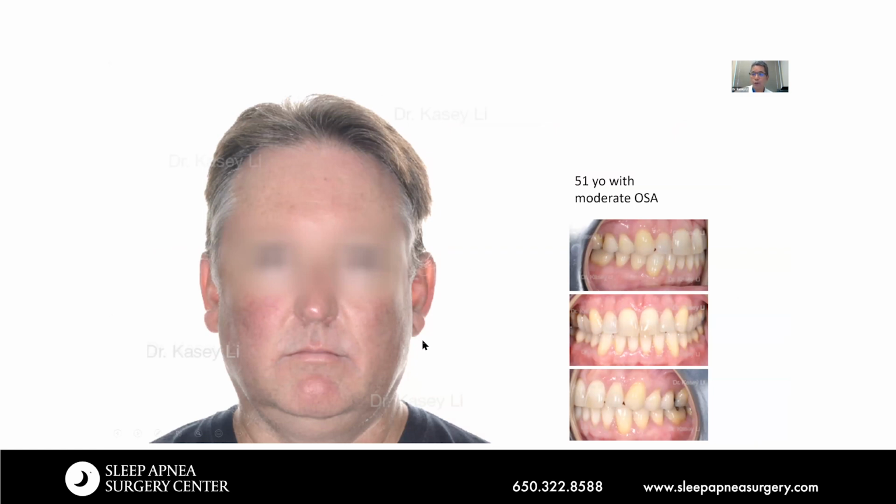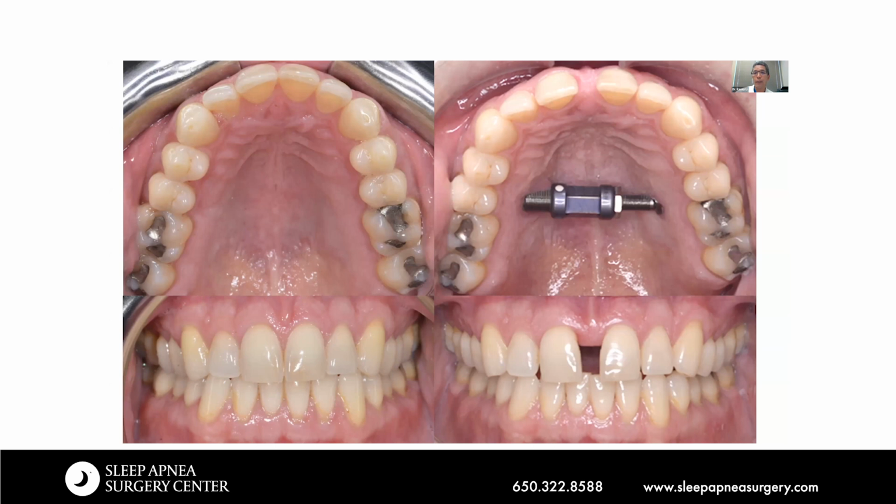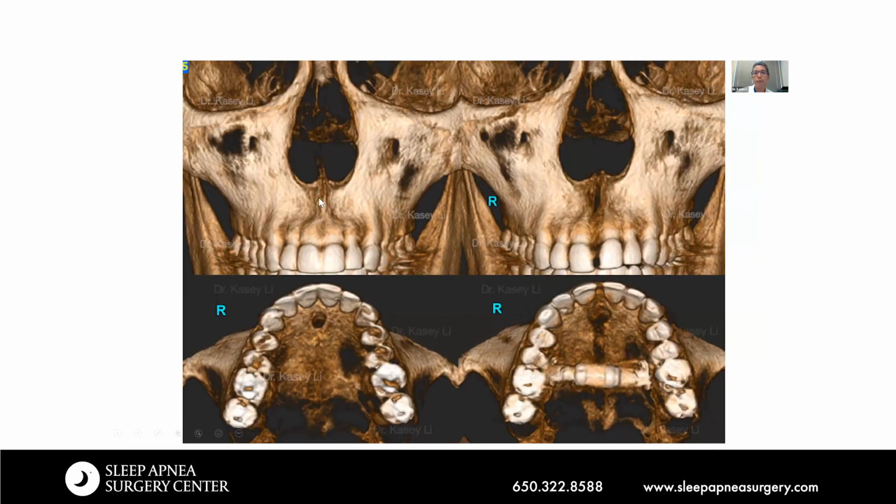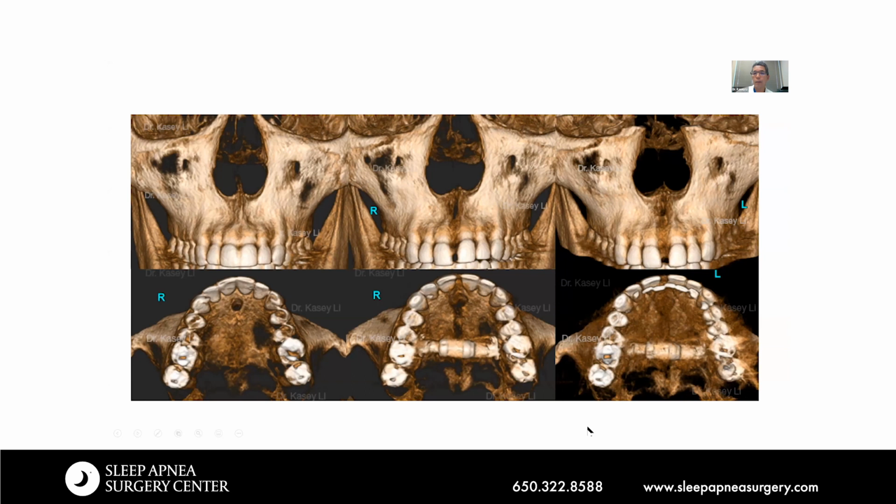I wasn't sure if this procedure really is going to help him dramatically. I told him, at least you will breathe better. He was expanded. 51-year-old, no destruction in terms of teeth or dental alveolar, pure bone expansion, front and back. You can see the extent of expansion over time.